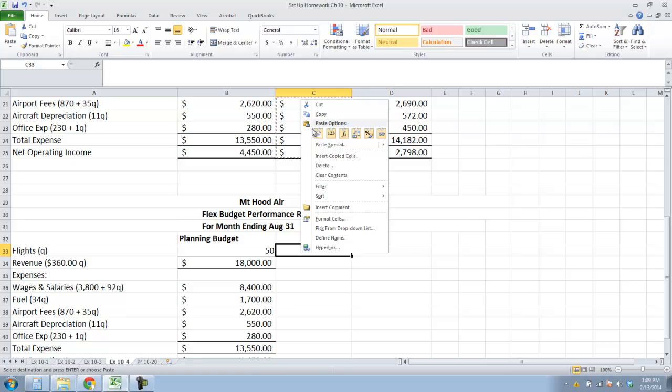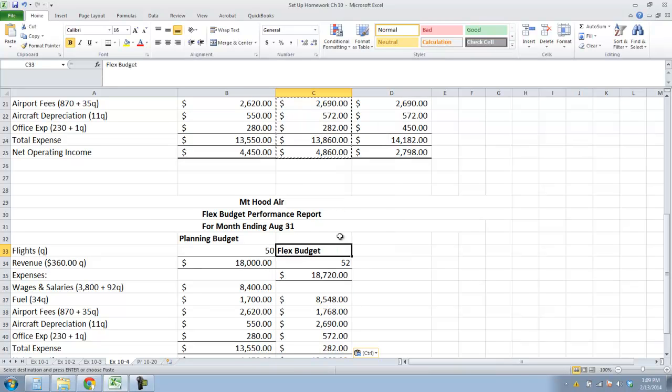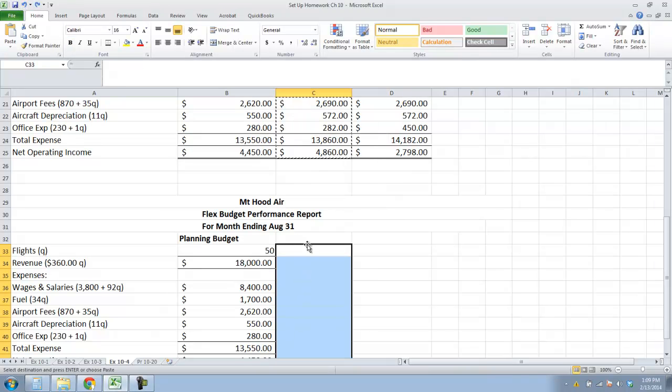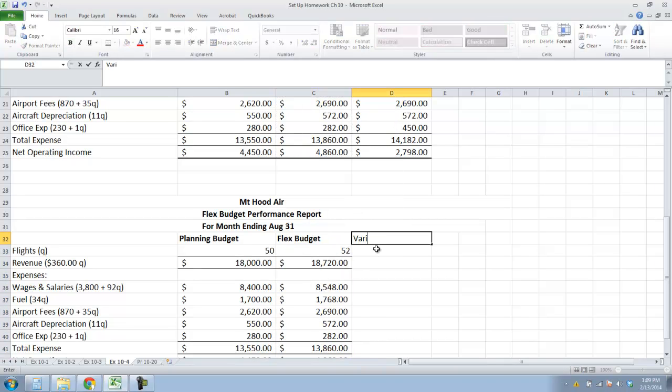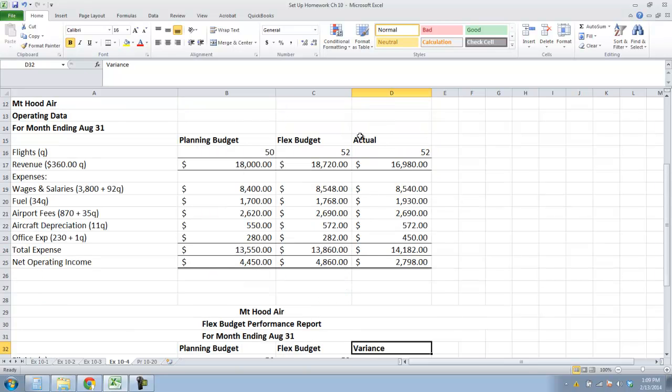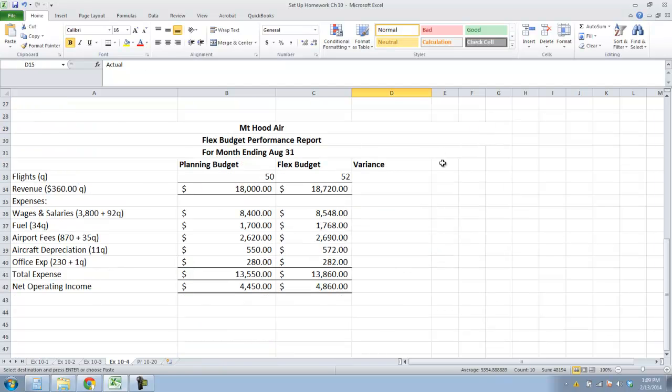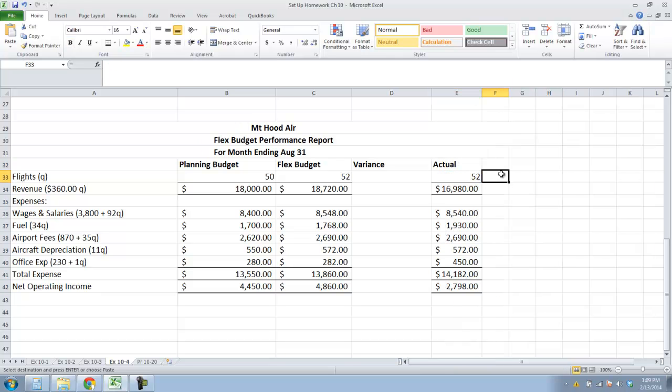There's no formulas in this because this was basically typed up from the book. And then we're going to create a variance column. Then we're going to add our actual. And create another variance column.